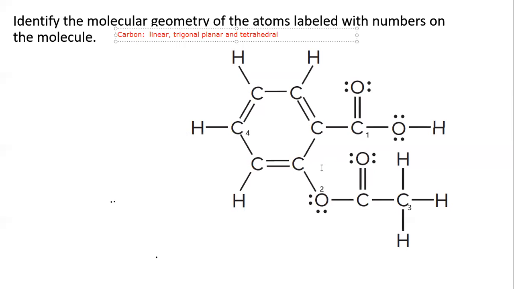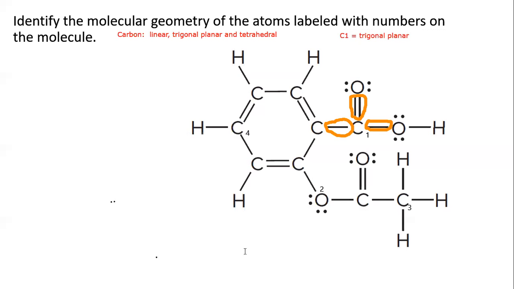So we look at carbon 1. Carbon 1 has 1, 2. Remember, double bonds count as 1, 3 electron pairs. So C1 is trigonal planar because it has 3 electron pairs.